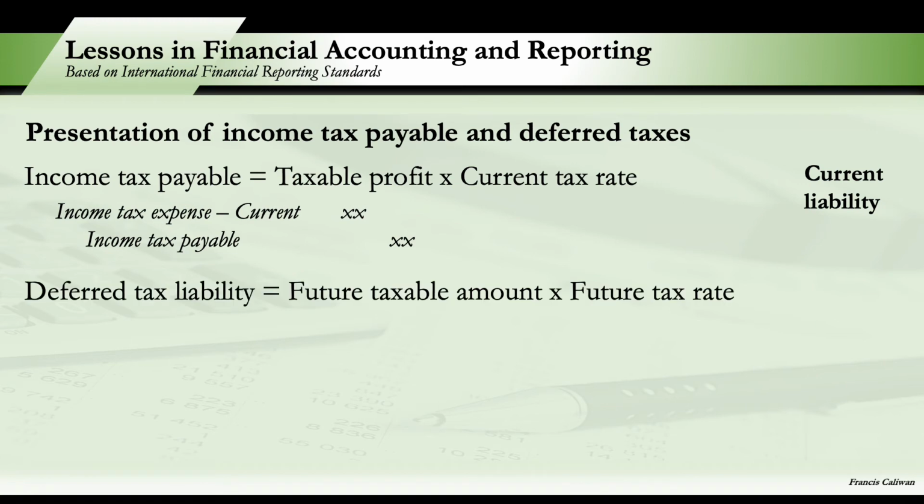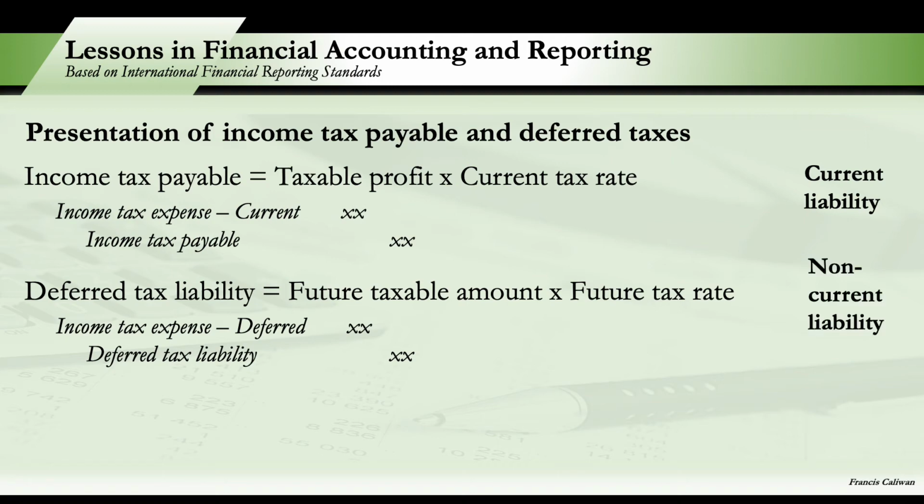Next, for our deferred tax liability, our formula is future taxable amount times future enacted tax rate. And our entry for the recording of deferred tax liability is debit income tax expense deferred and credit deferred tax liability. And deferred tax liability is presented in the statement of financial position as non-current liability.